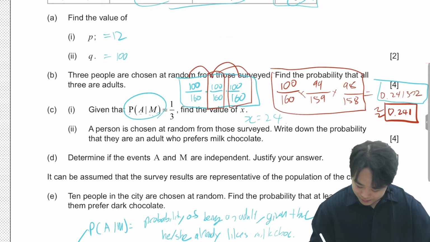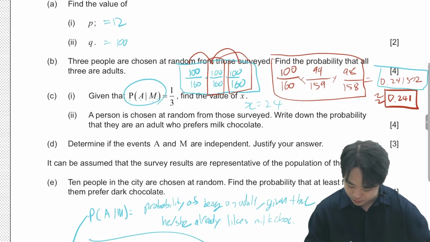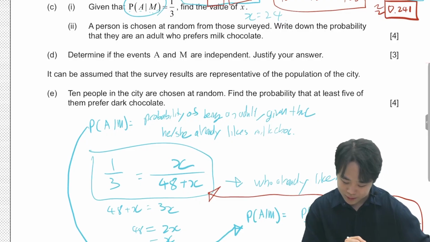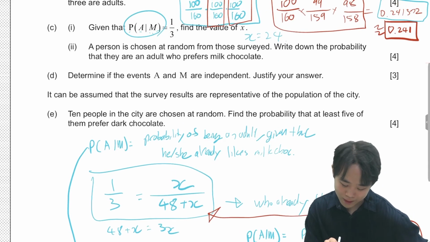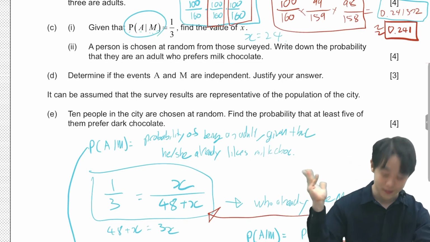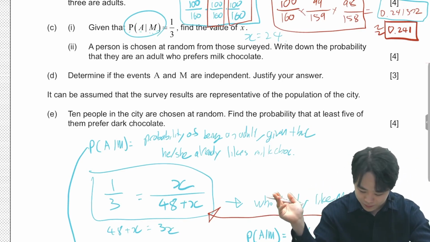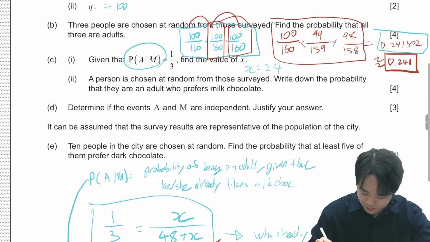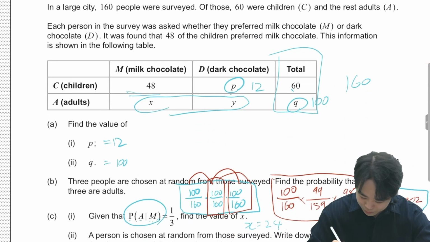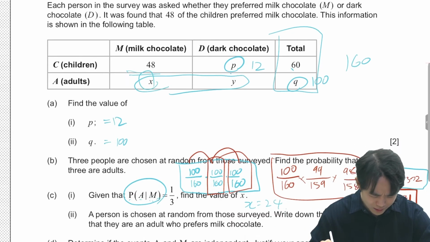Next, let's do part 2. If a person is chosen at random, so we're choosing from all 160 of these people, what's the probability that it's an adult who prefers milk chocolate? The adult who prefers milk chocolate is basically X here.